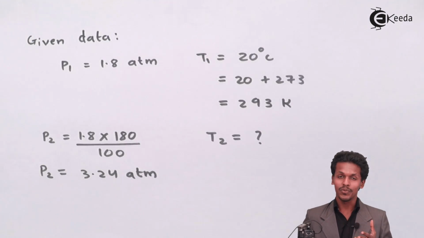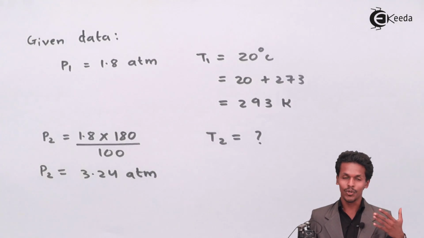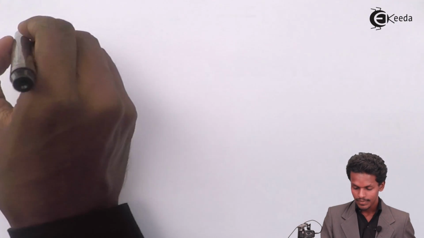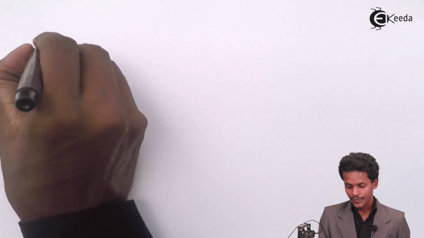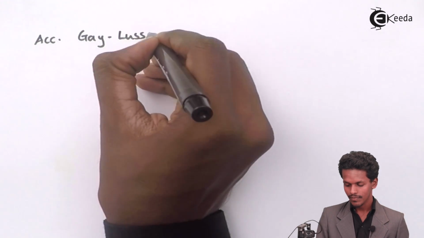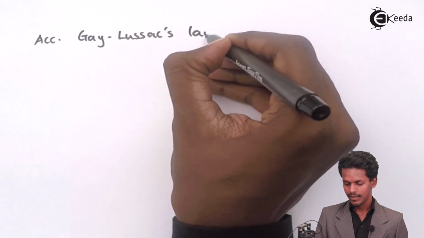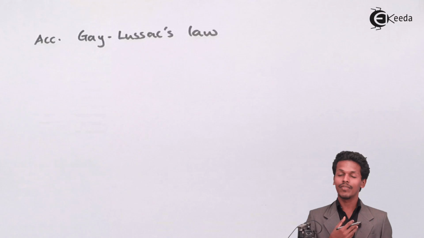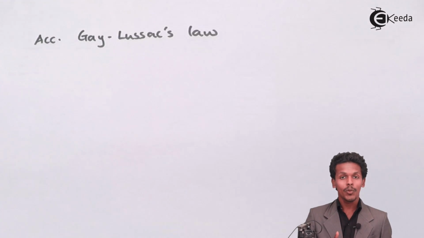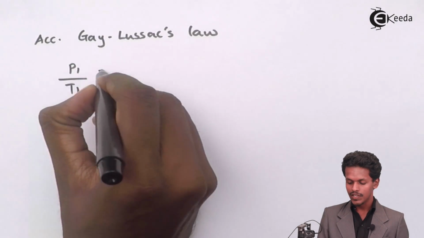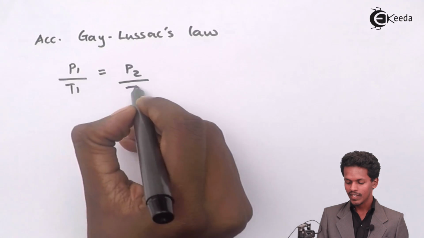Let us do it using Gay-Lussac law, because they have mentioned the volume to be constant. According to Gay-Lussac law, we have a relation between the two pressures and the two temperatures when the volume is kept constant. The formula is P1 upon T1 equals P2 divided by T2.